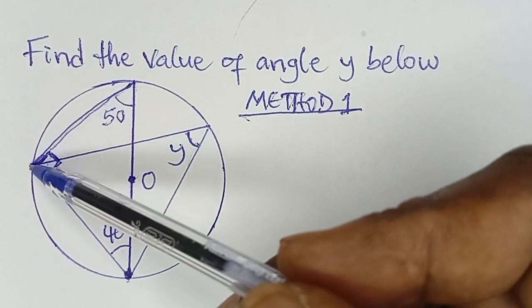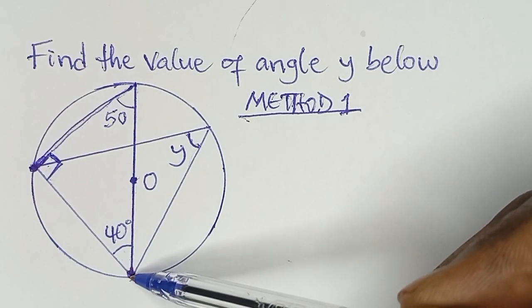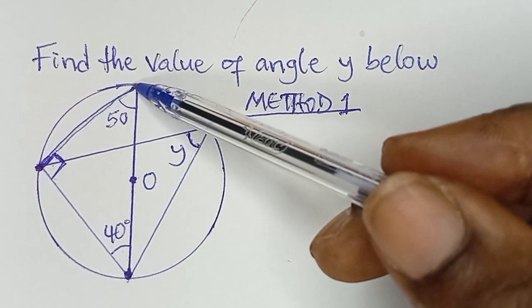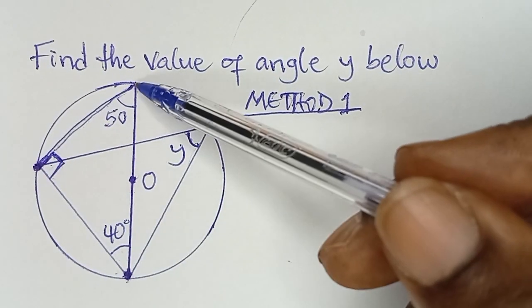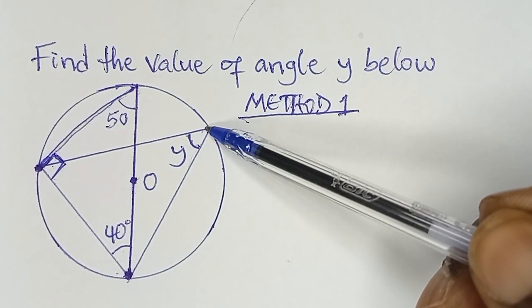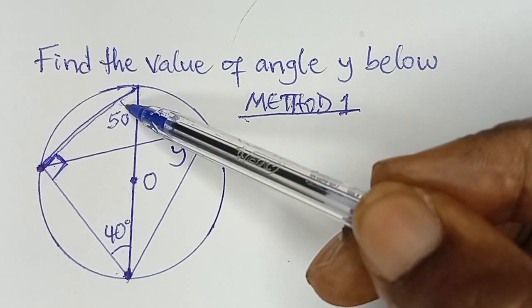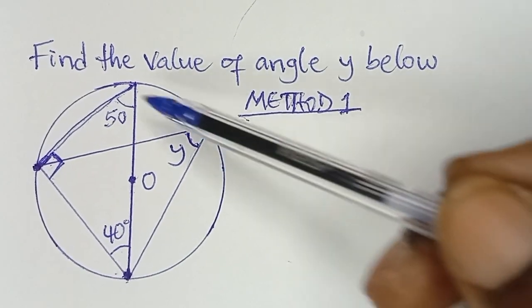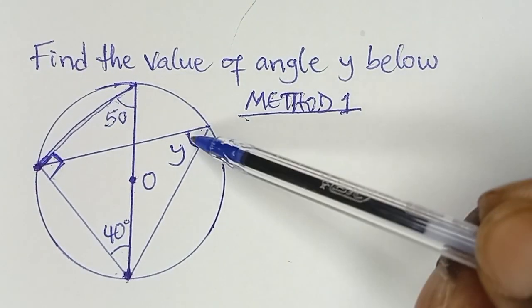In the same way, from this point I have a line going to the circumference and another line from this other point going to the circumference. So the pairs of lines are coming from the same point, and they both go to the circumference to form angles. So these two angles will be equal, and the theorem is that angles in the same segment are equal.